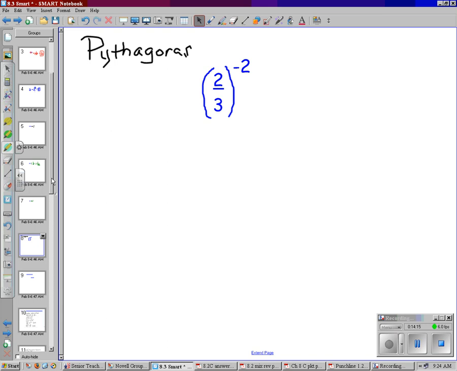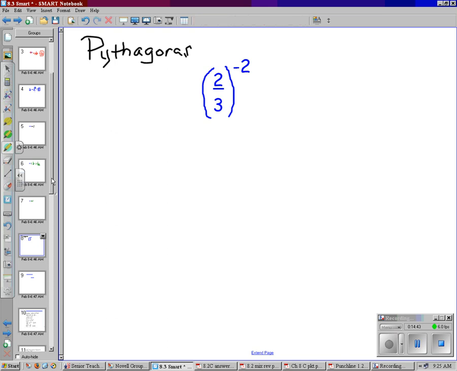Let's have 2/3 to the negative second power. This is something that we need to talk about a little bit here because this is a fraction raised to the negative second power. All right. Hang on. Do you remember fractions? There's a word that starts with R that we use a lot in fractions. Reciprocal. Okay. Hang on because I'm going to show you something long and then I'm going to do it the easy way.